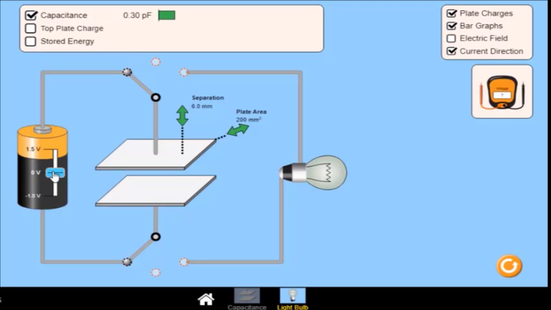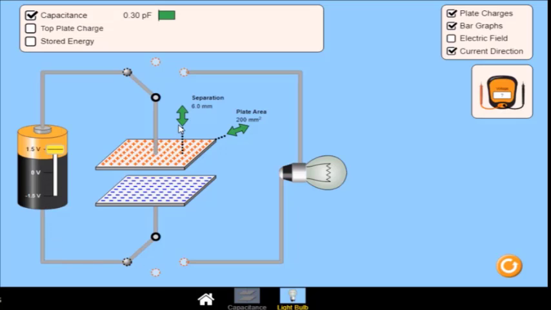I have to increase the voltage of the generator to 1.5 volts. Now we can say that the capacitor is charged and the voltage of the capacitor is equal to 1.5 volts. Notice that the positive plate of the capacitor is connected to the positive pole of the battery and the negative plate of the capacitor is connected to the negative pole of the battery.